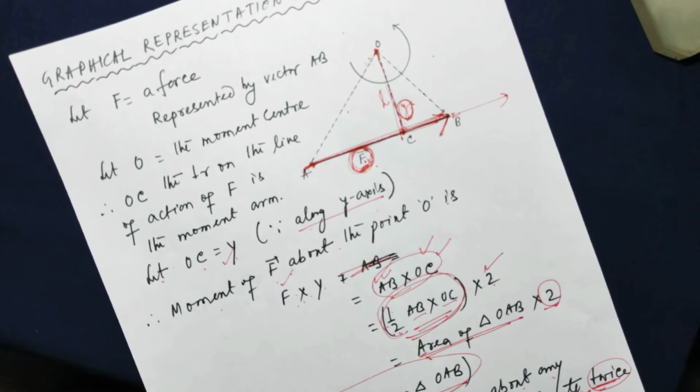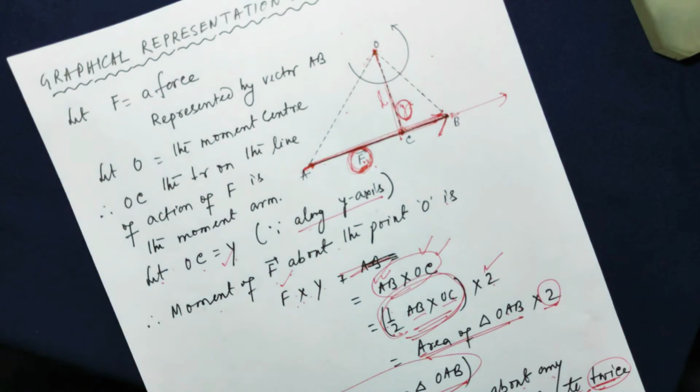Means if you are interested to find the moment of a force, you can construct a triangle where the force represents the base of the triangle, and the point about which you are interested to find the moment of the force represents the vertex of the triangle. Then the moment of the force is 2 times the area of that triangle.